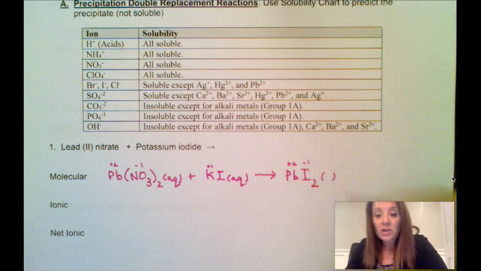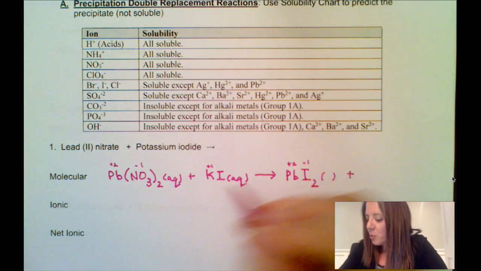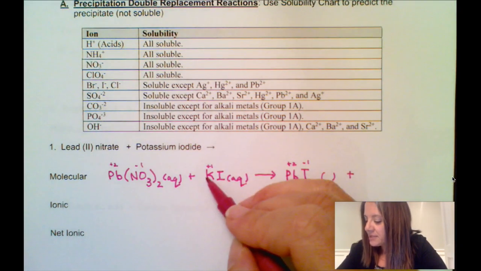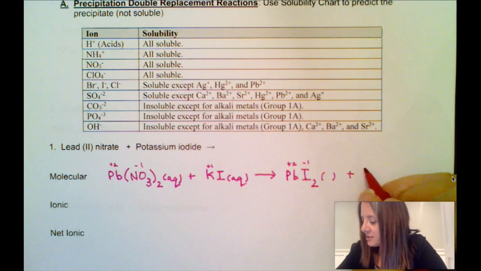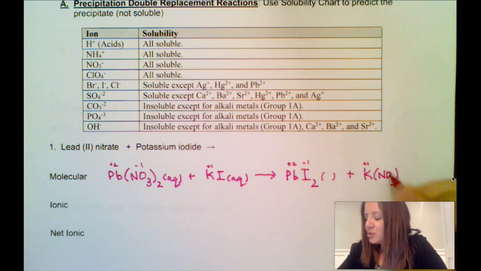Now, I have to look up whether or not that's aqueous or a solid. Then I'm going to put potassium with the nitrate. Potassium was a +1. We know that nitrate is a -1. Okay, so crisscross, technically I can drop the brackets there.